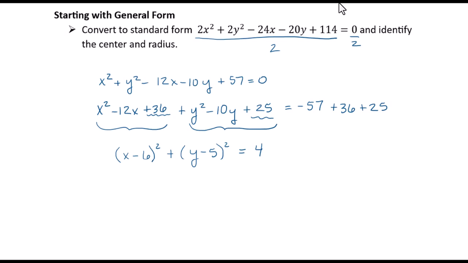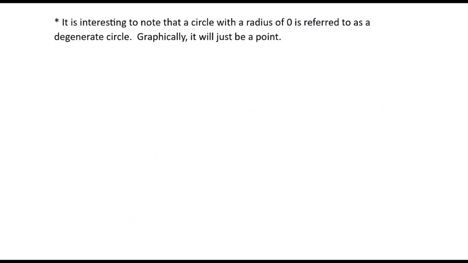Now it's easy for us to identify the center and radius. The center is 6, 5, and the radius is the square root of 4, which is 2. It's interesting to note that a circle with a radius of 0 is referred to as a degenerate circle. Graphically, it will just be a point.